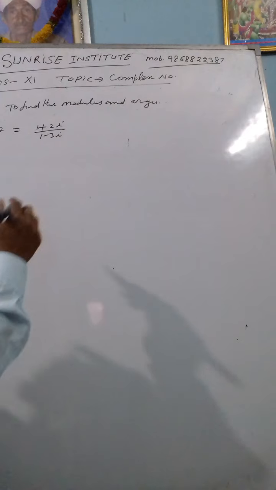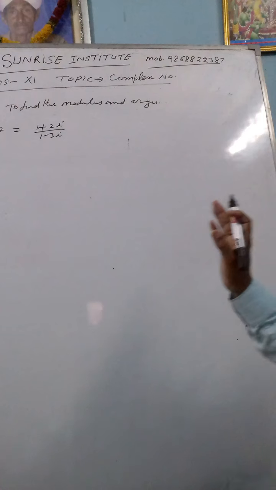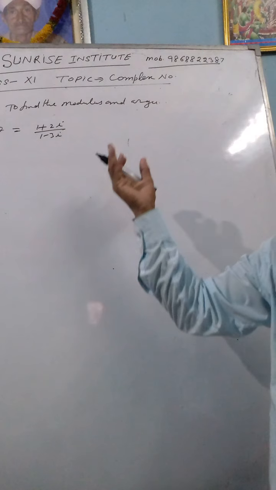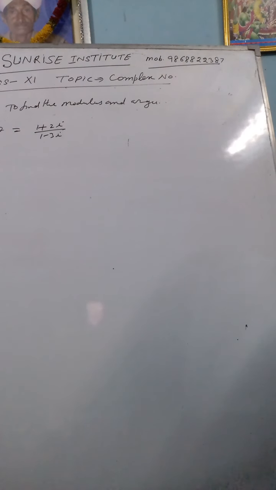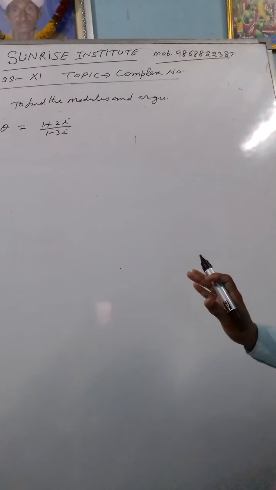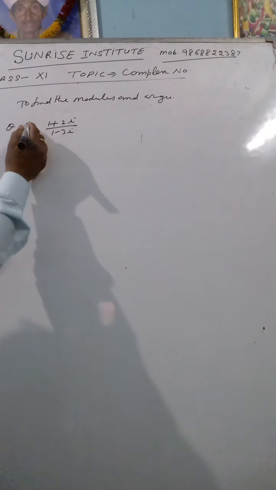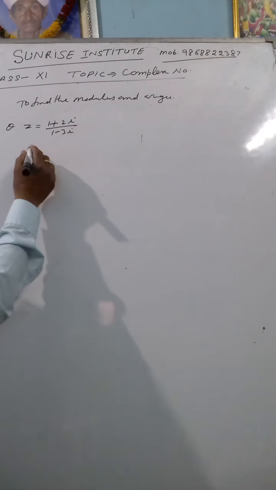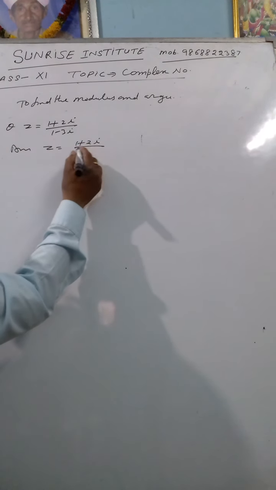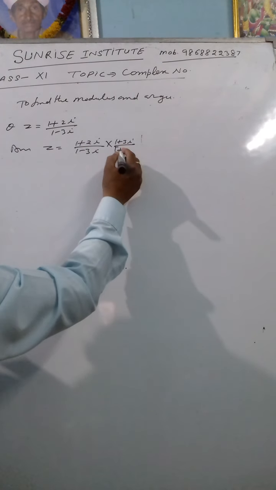Okay students, first, if we have an imaginary part in the denominator, 1 minus 3i, then we first rationalize this. So z equal to 1 plus 2i upon 1 minus 3i into 1 plus 3i upon 1 plus 3i.